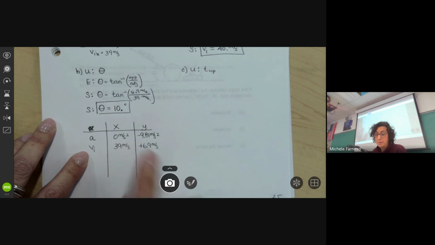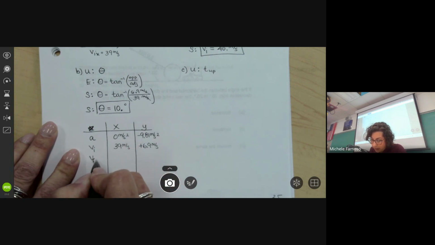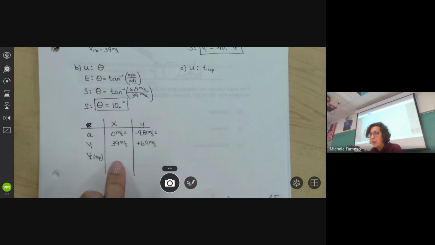We need to show that. Let's talk about the VF, which is at the top. What is the VF in the X direction? Nikki, can you tell me? Correct. What is it in the Y direction? Josh, what is it in the Y direction?